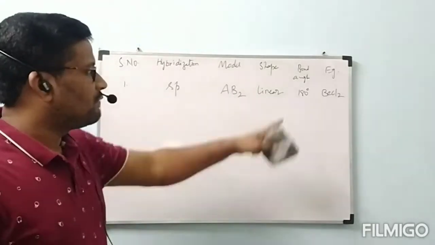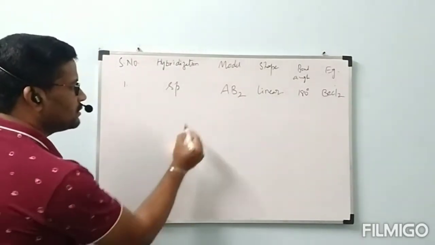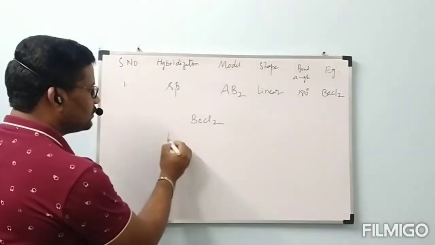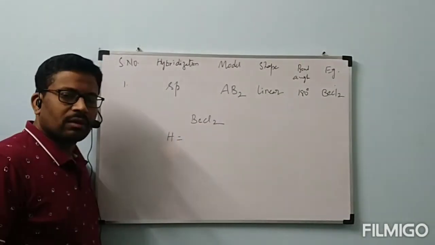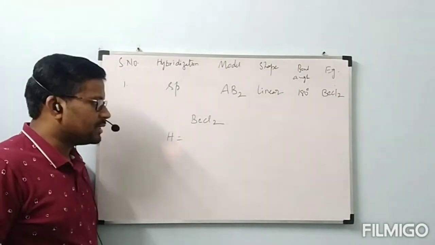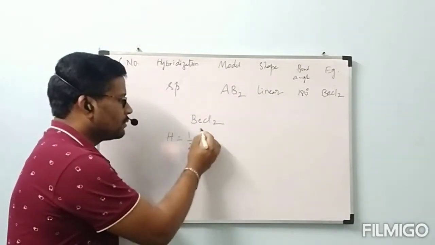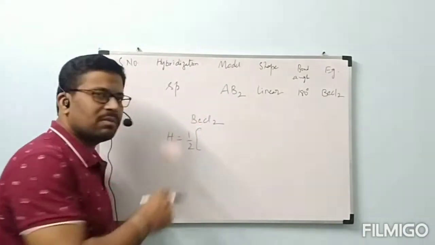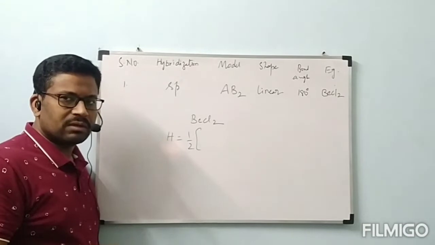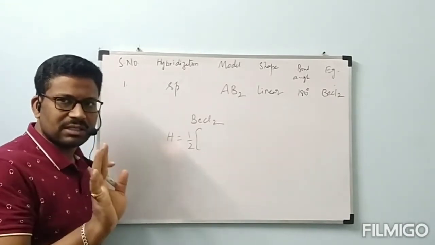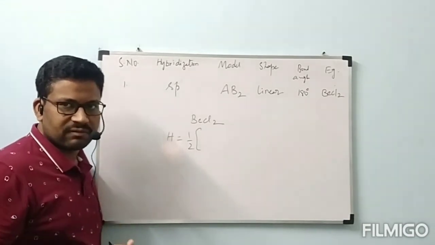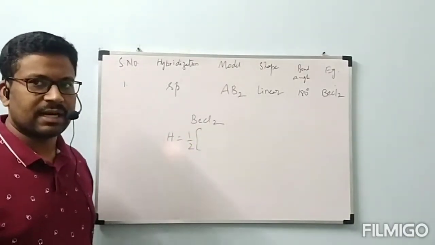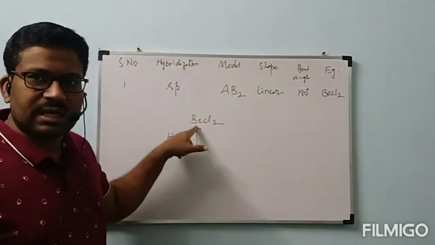Now let us consider BeCl2. Capital H is equal to half into V plus M minus C plus A. Here this is a neutral molecule, so minus C plus A need not be considered. Simply V plus M is enough. What is meant by V? Number of valence electrons present on the central atom. Be is the central atom.